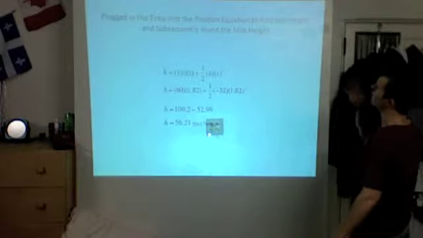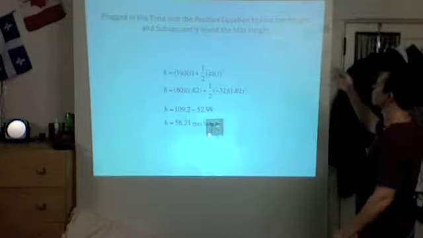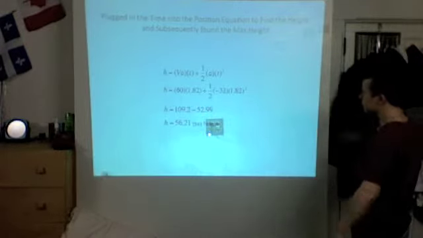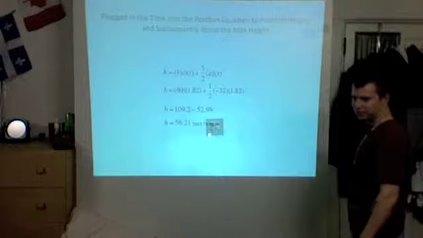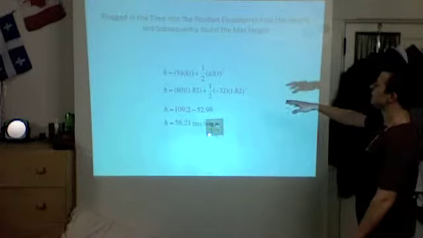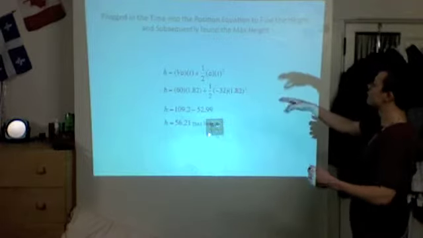Alright, now you have to plug the time into the position equation to find the height, and subsequently the max height. You take the height equation again, but this time you don't know the height, so you solve for the height.